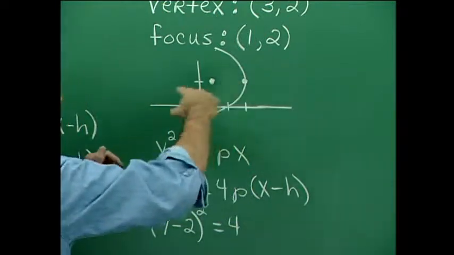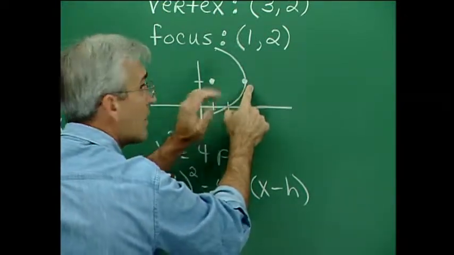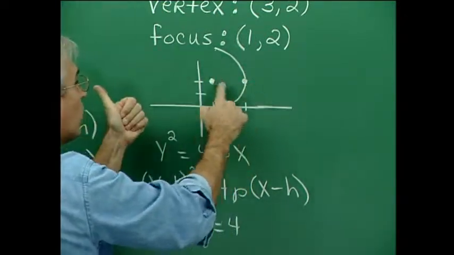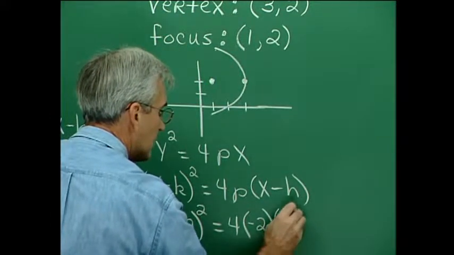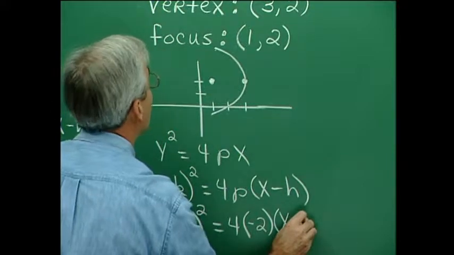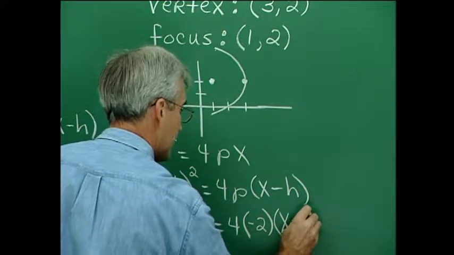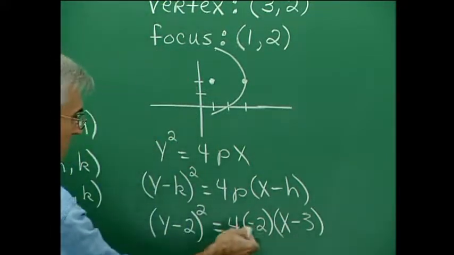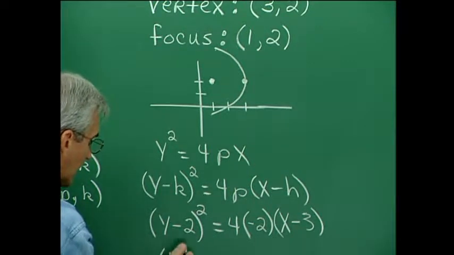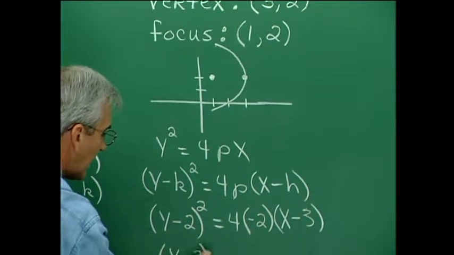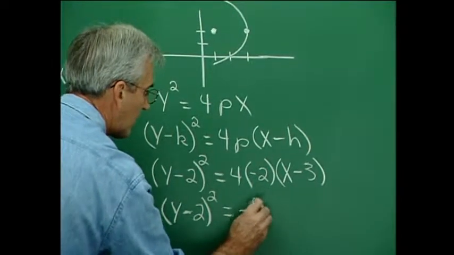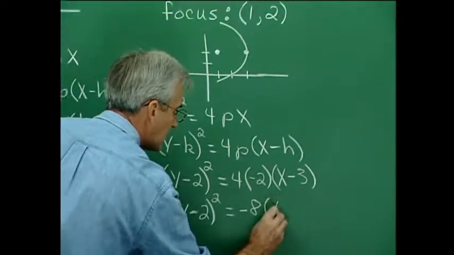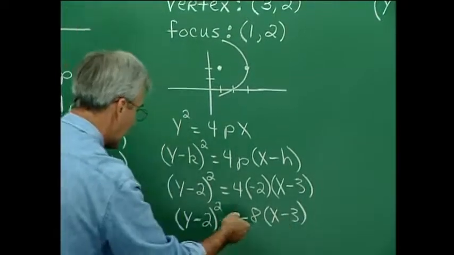Now we're talking horizontally, and from here to there it's a directed distance, so it's negative 2. So this is negative 2, and then this is x minus the h value, which is 3. We would probably just multiply these and clean up a little bit. We could expand it a great deal, but if we want to leave this in a pretty much standard form, then we would probably write it as negative 8 times x minus 3 on the right side.